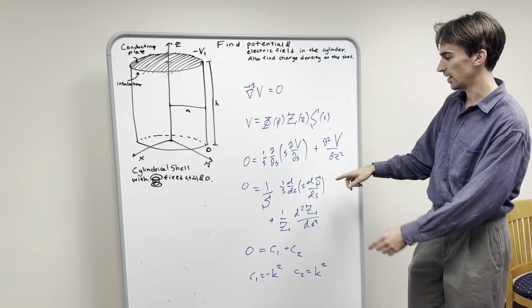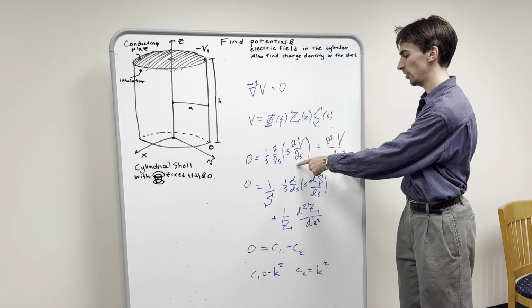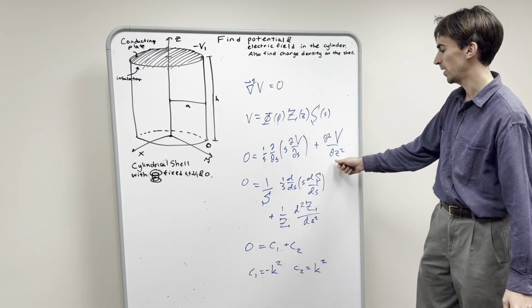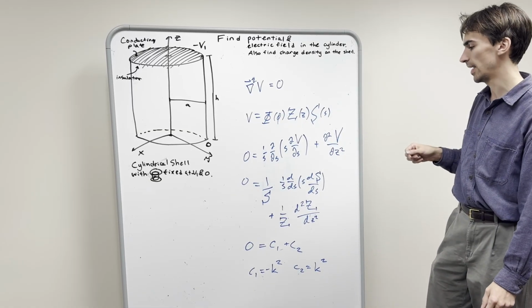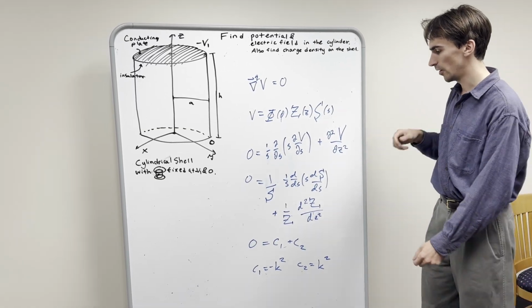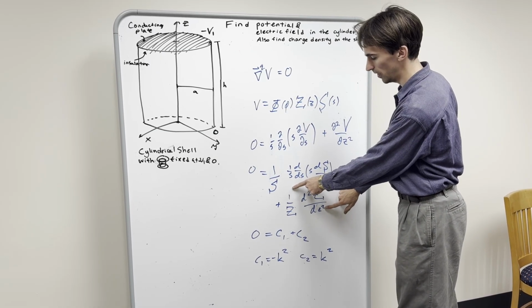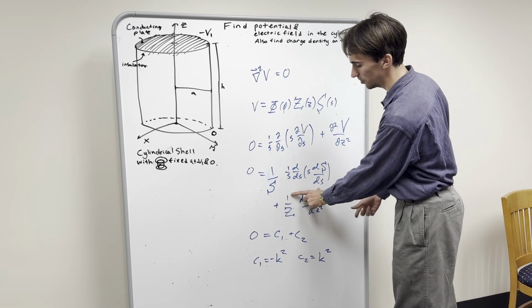So I'm going to end up with two terms, one depending on s, the radial distance, and one depending on z, the height. So do a little bit of algebra and end up with these two terms here.